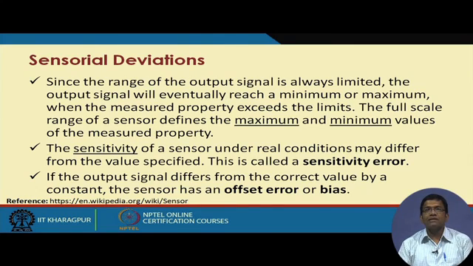In the actual specification, it might be supposed to give certain values, but in real conditions it might be sensitive to certain things. So, this becomes the sensitivity error, and there will be some error due to that. That sensitivity error can change over time, and that is different from the offset error, which is constant over time.